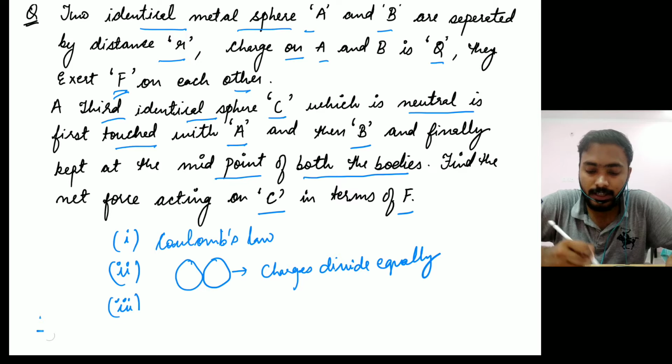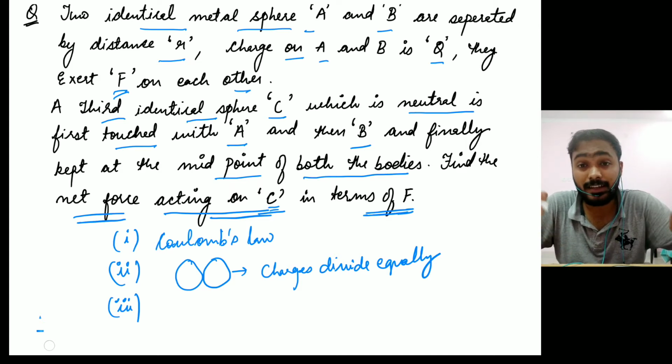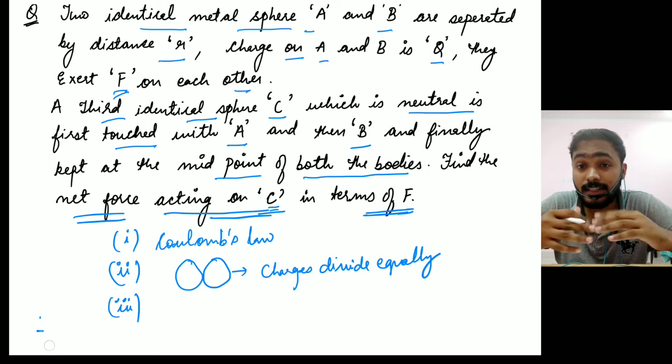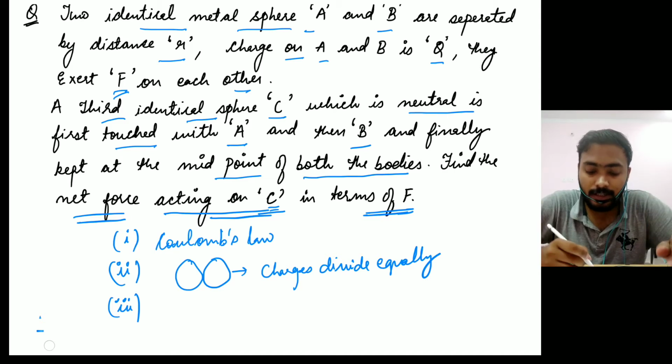And the third one: the question is asking us to find the net force acting on C in terms of F. That means the net force on C will be the vectorial sum of all the forces acting on body C. Definitely the superposition principle that we are talking about here.